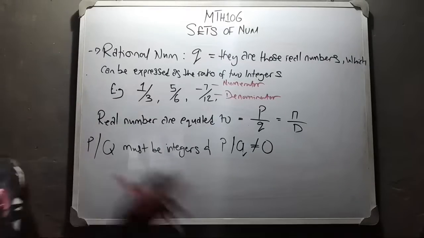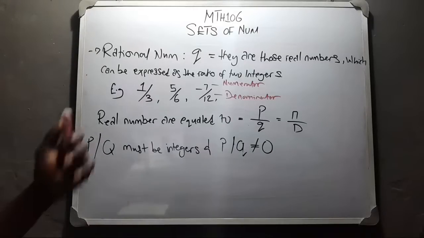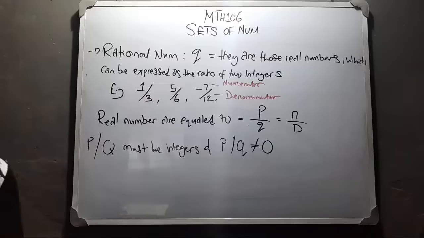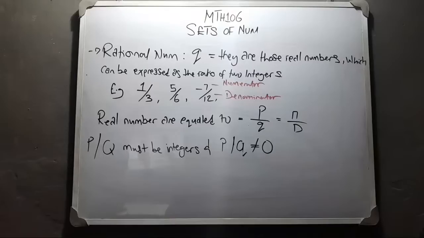So just some certain rules we should pay attention to when we talk about rational numbers. All right, and we denote rational numbers with Q, which we have done already.